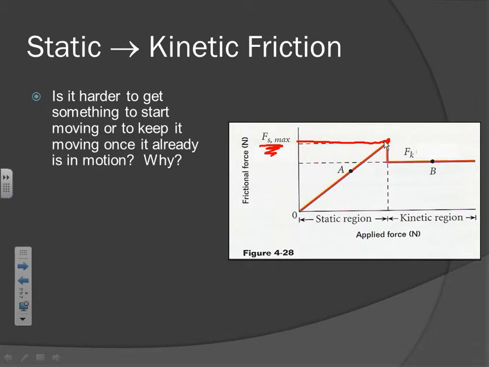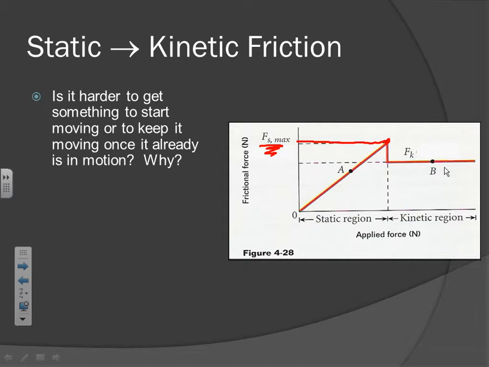Here, once we get past the maximum static friction value, what do you see happens to the y values on this graph? Goes down. They go down, right? And the y values are telling us about the frictional force. So once something starts moving, it experiences less friction.